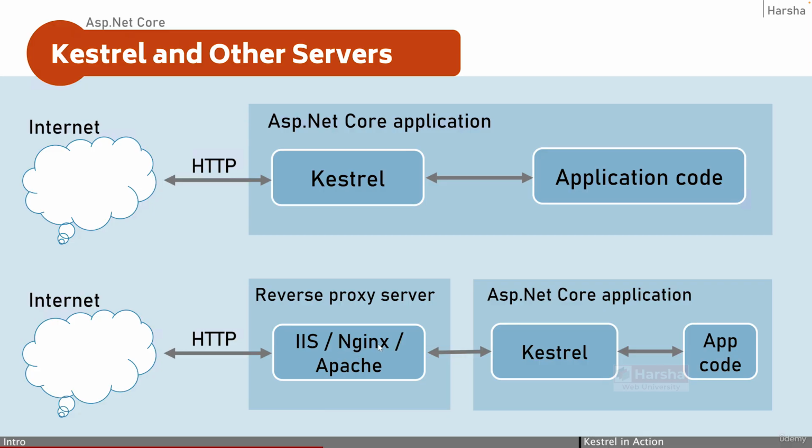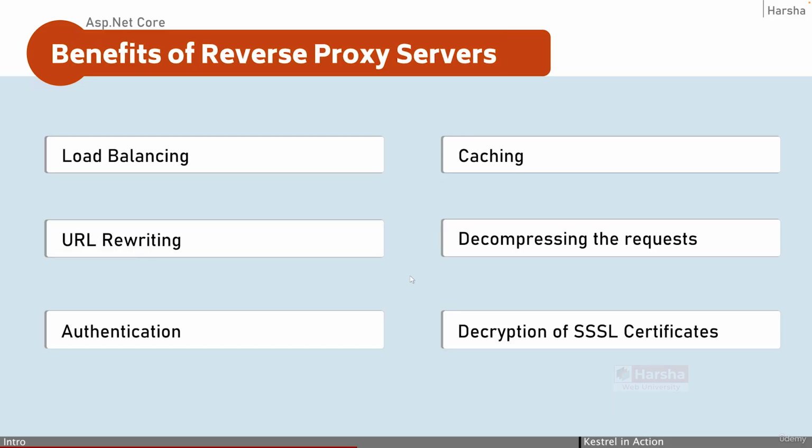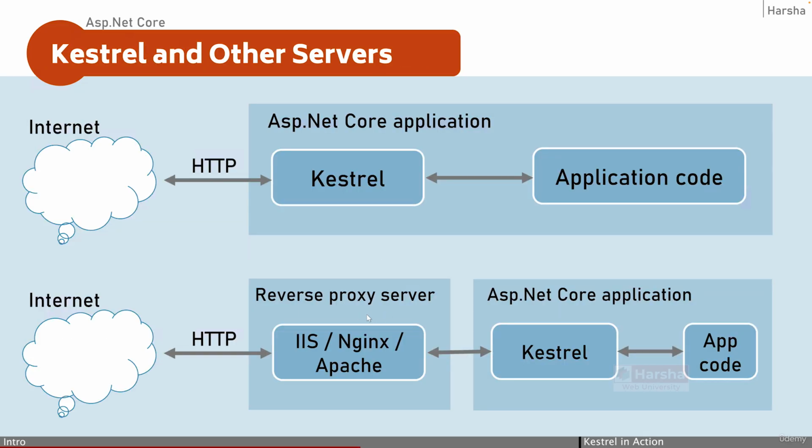And these servers transfer the same request to the actual application server, that is Kestrel. In that way, even though Kestrel can actually receive the request from the internet, it won't do that in real world cases. In most production scenarios, we prefer a reverse proxy server because of these advanced features. And that reverse proxy server will transfer the request to Kestrel.